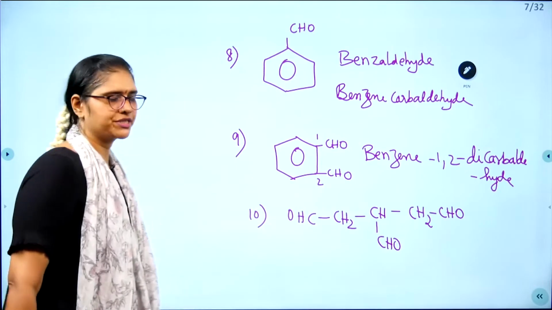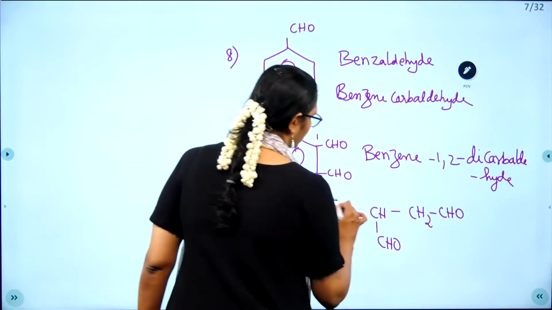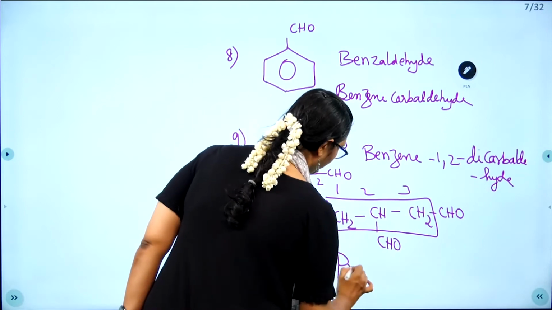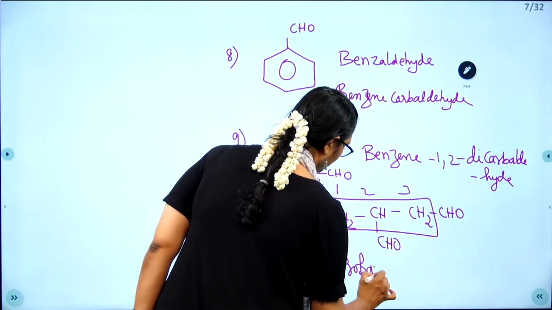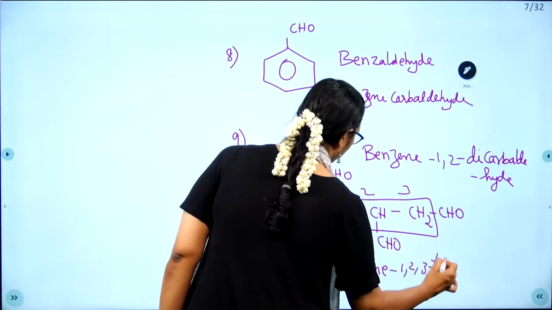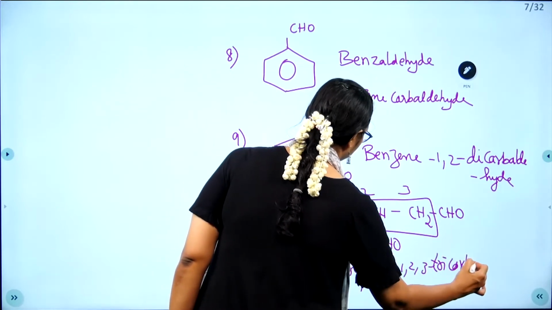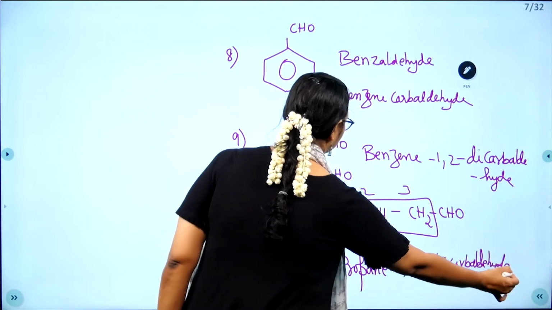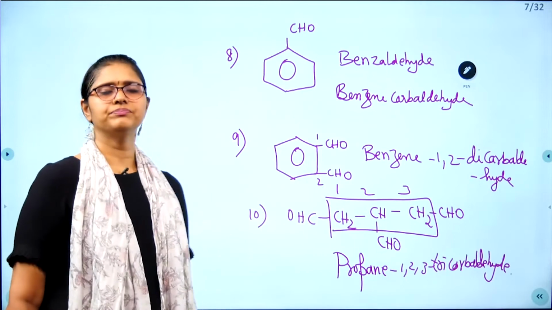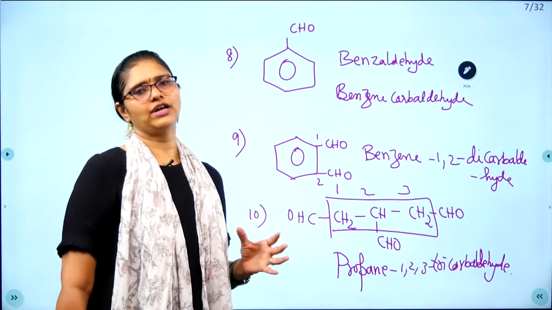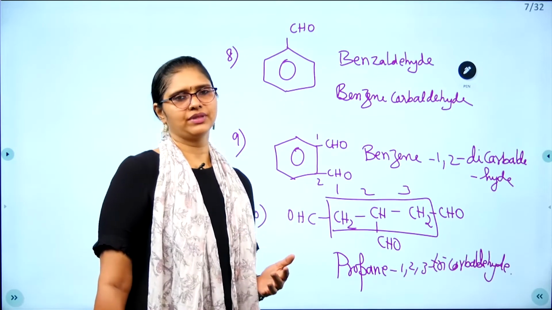Select the longest carbon chain, 1, 2, 3. So propane, 1, 2, 3 tricarbaldehyde is the proper IUPAC. Okay? Understood? Understood what are the rules for aldehyde? How to name them?